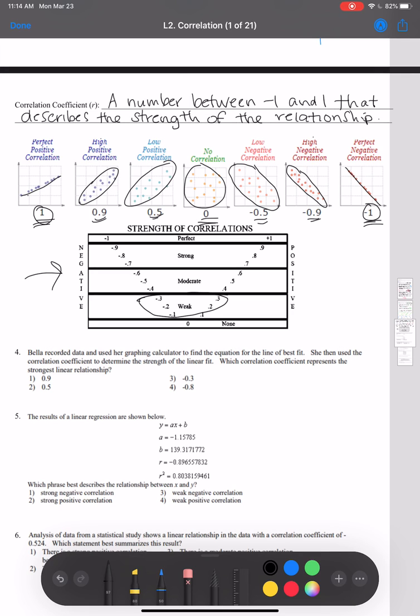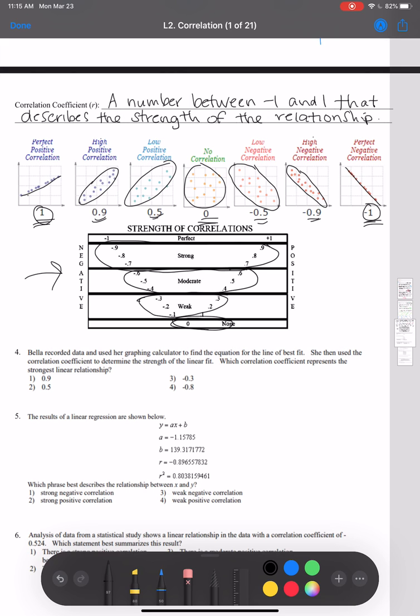They're very close to zero, but not necessarily zero. So it's showing a relationship, just not a strong one. Then we get to moderate, which would be about 0.4 to 0.6. And then lastly, we have our strong correlations, and those are the numbers close to 1 and -1, so 0.7, 0.8, 0.9. And obviously your last one would be no correlation, which is 0.